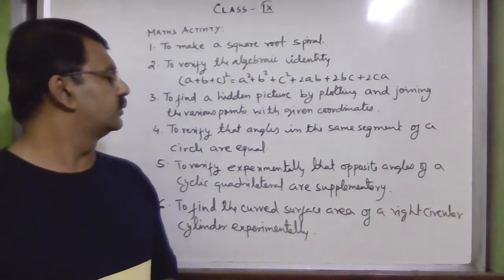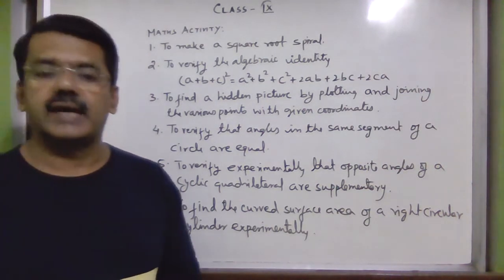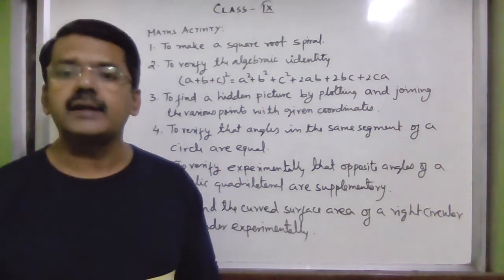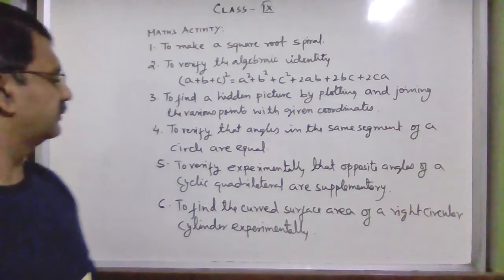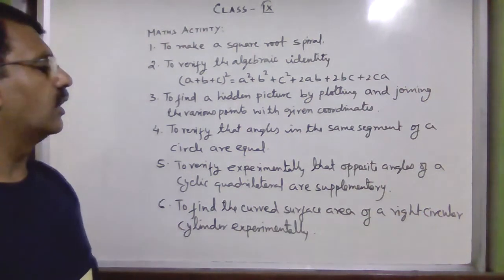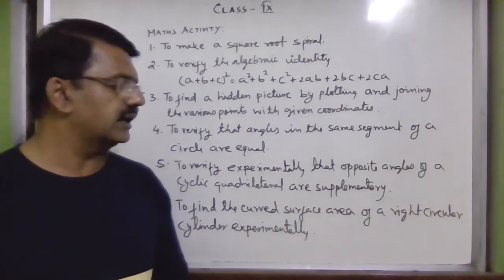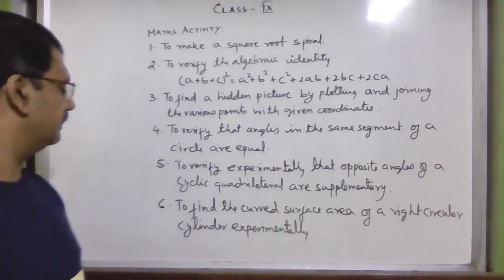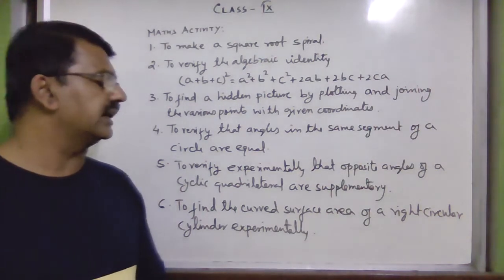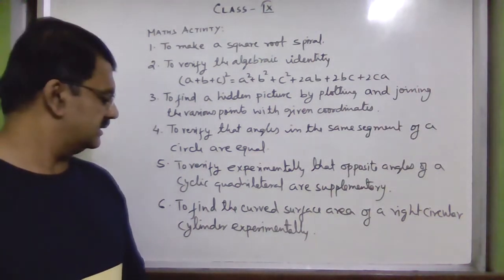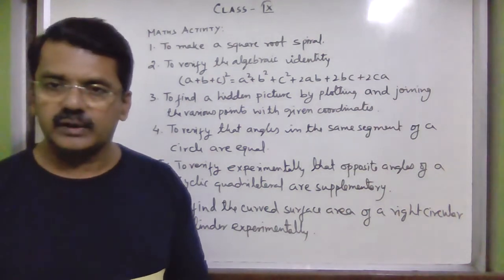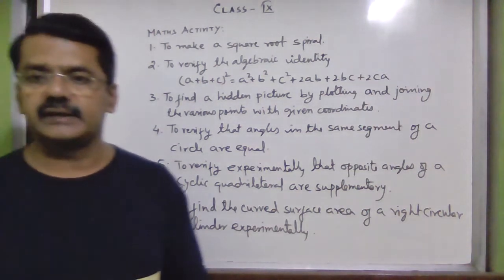Fourth one, to verify that the angles in the same segment of a circle are equal. And the fifth one, to verify experimentally that opposite angles of a cyclic quadrilateral are supplementary. And the sixth one, to find the curved surface area of a right circular cylinder experimentally. Okay, so these are the six activities.